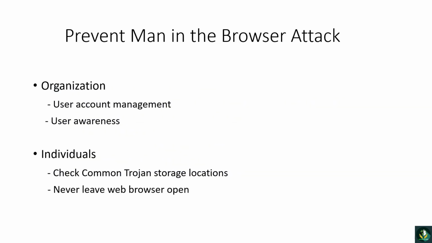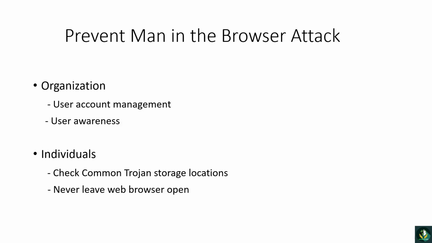So how do we prevent the man in the browser attack? I am afraid there isn't much we can do to protect against it, but that doesn't mean you cannot do anything. It's just that what you can do is relatively little. Here is a short list of what organizations or individuals can do to mitigate the man in the browser attack.